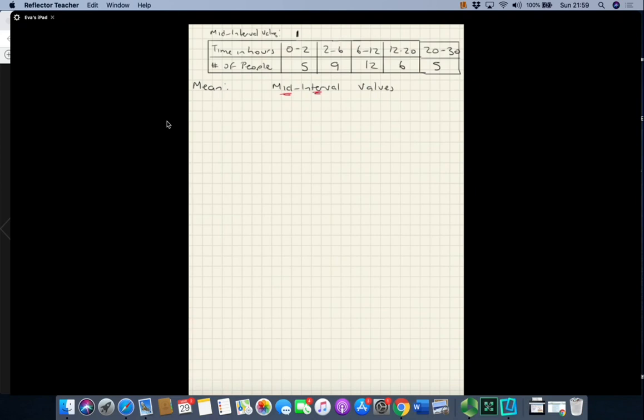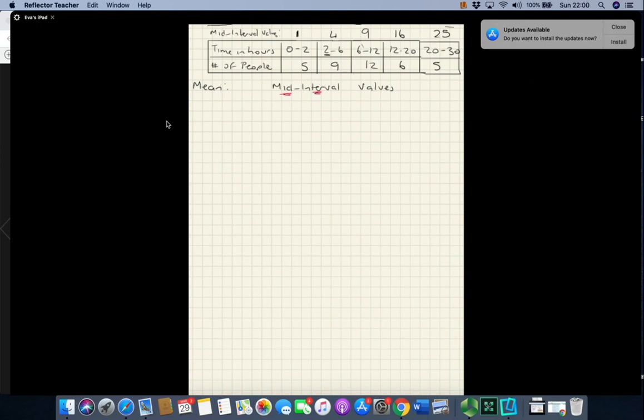So 0 to 2 has a mid-interval value of 1. 6 minus 2 is 4 and half that is 2, but I have to add it on here, so halfway is 4. Halfway between 6 and 12, there's a gap of 6 between them, so half that is 3, so added on to the 6 is 9. Halfway between 12 and 20 is 16. Halfway between 20 and 30 is 25.